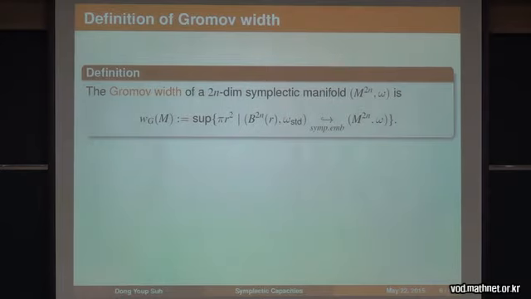So how large a ball can be. Because this is πr², this r² is not the volume of the ball, but it is certainly related to it. So πr², you just call it Gromov width.